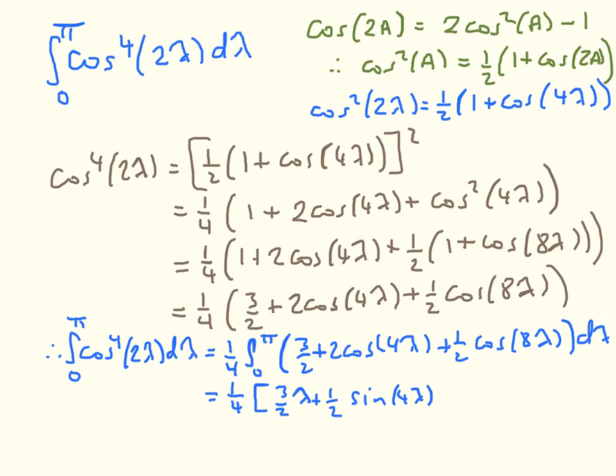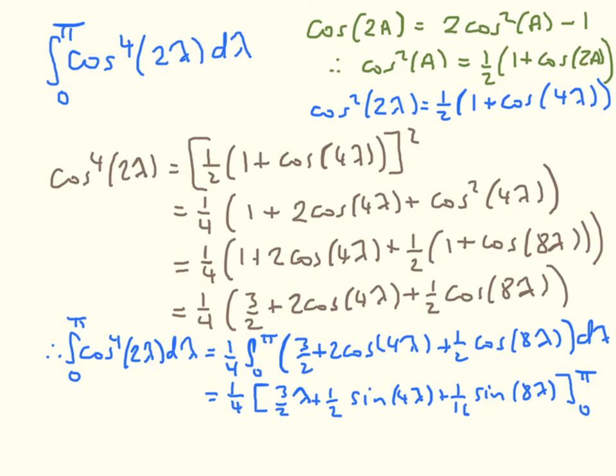And here in a similar way I want the sine of 8 lambda, and if I differentiate that I will get 8 times the cosine of 8 lambda, and I have a factor of 1/2 here, so I'd better put plus 1/16. Now close my brackets, and this is to be evaluated between 0 and pi.